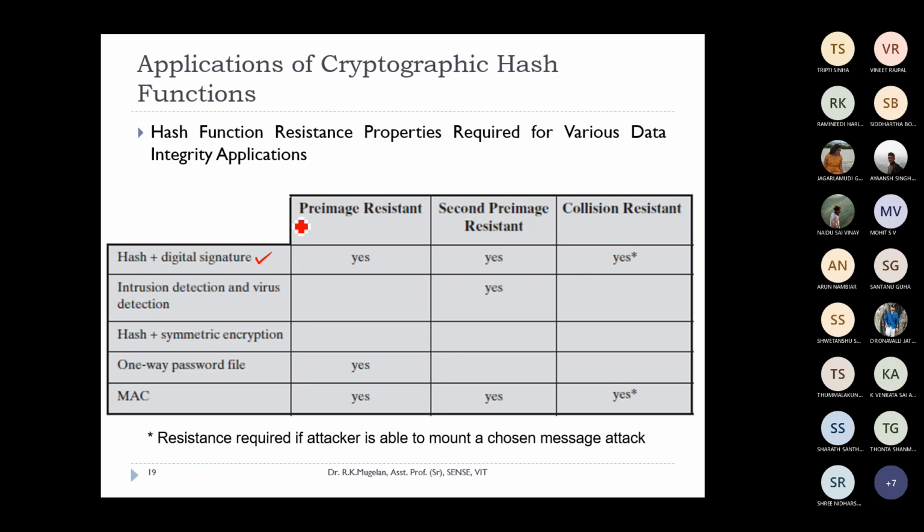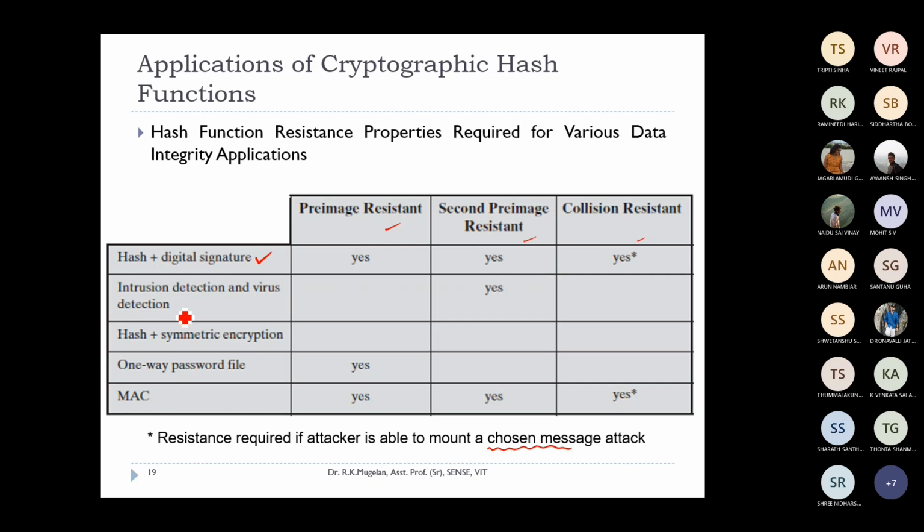This is one of the major applications which satisfies all the three criteria: pre-image resistance, second pre-image resistance, and collision resistance. And collision resistance has a condition: if and only if your attacker chooses an attack called chosen message attack, then this hash plus digital signature can provide resistance to it.